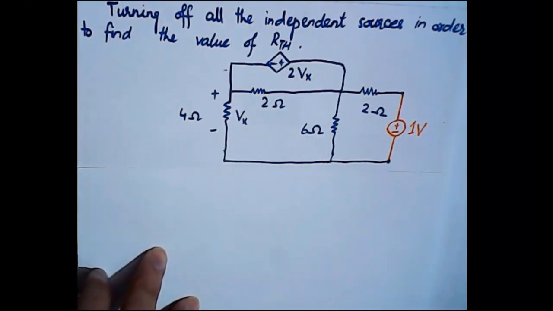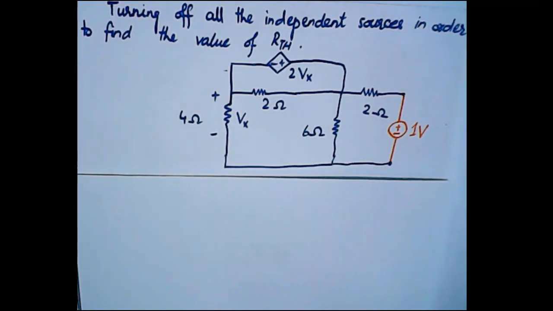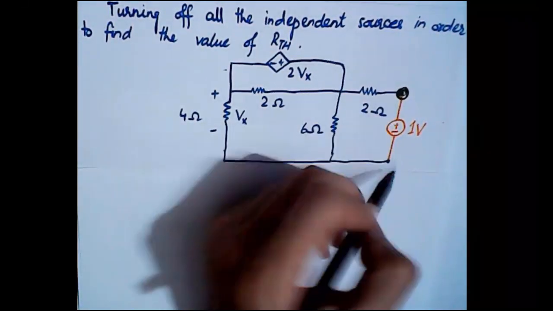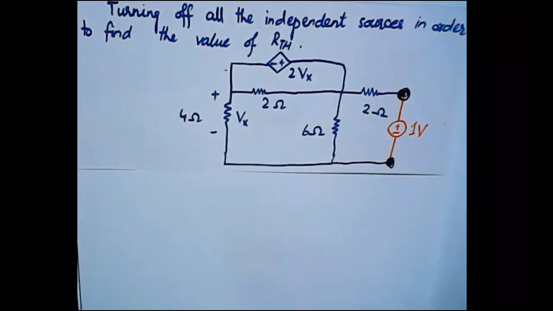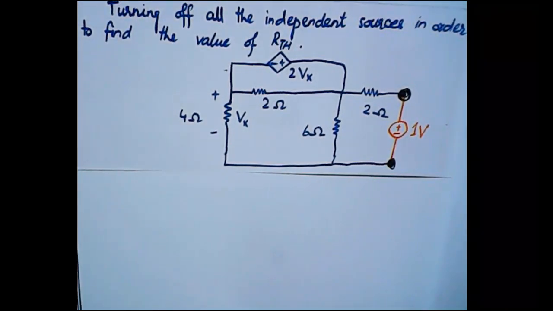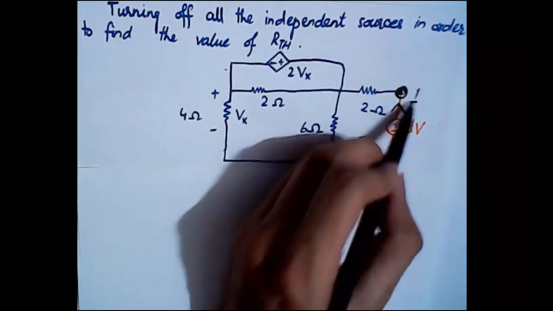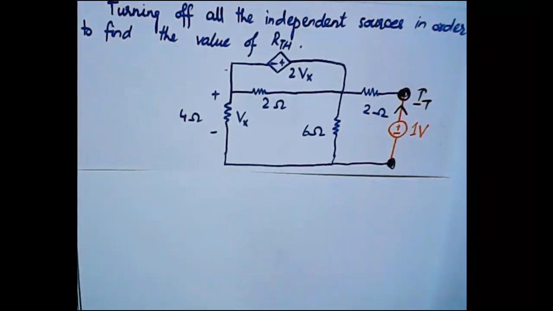Here you can see that we have connected a 1 volt test source, and through this test source we are required to calculate the value of resistance between these 2 points. So we need to find the current through this terminal, through the 2 ohm resistance.